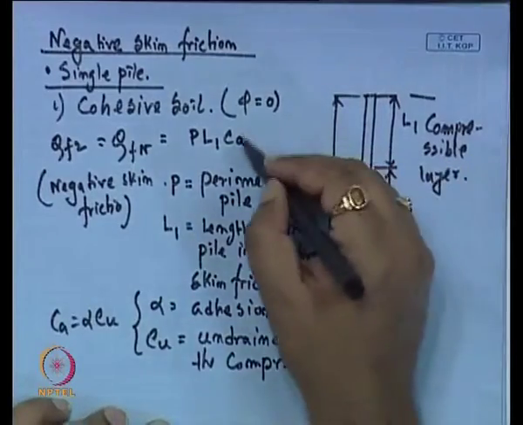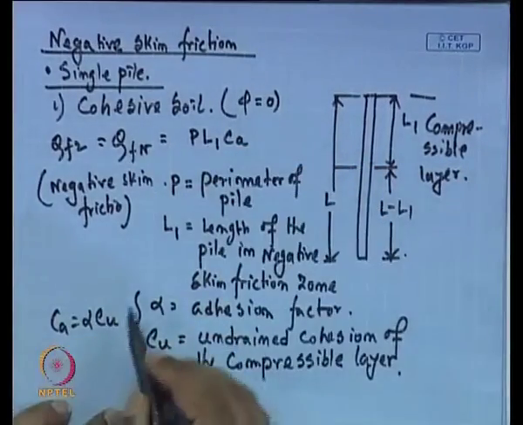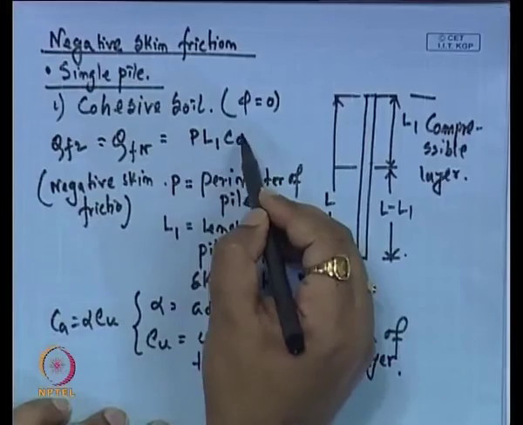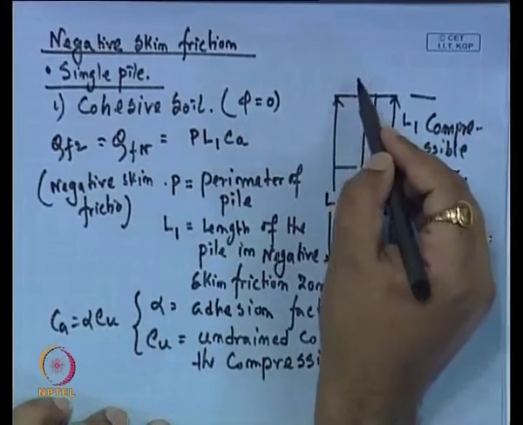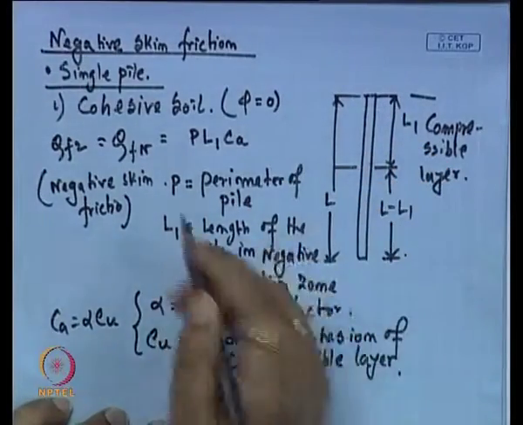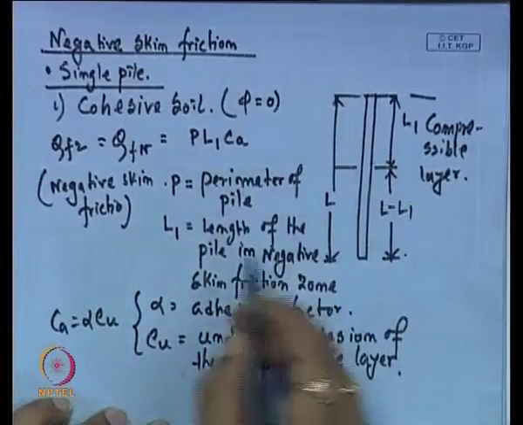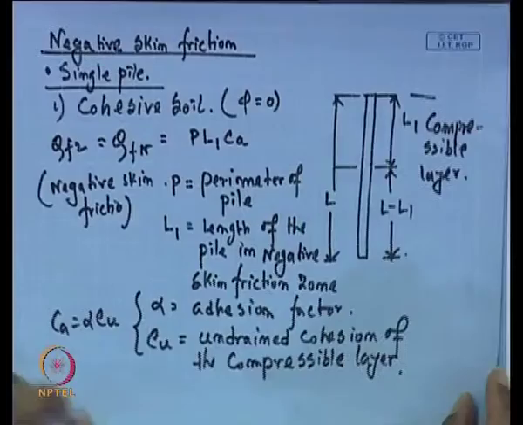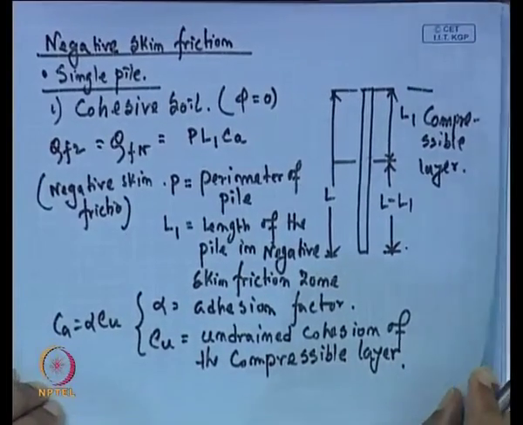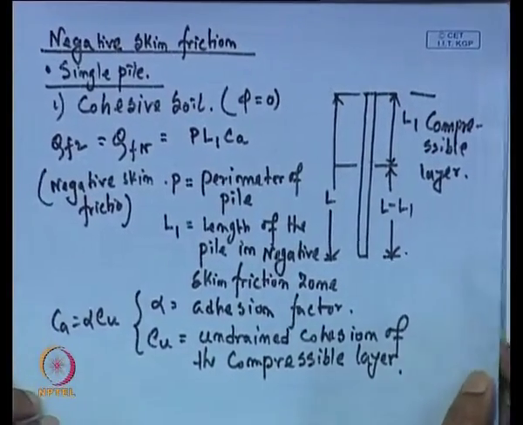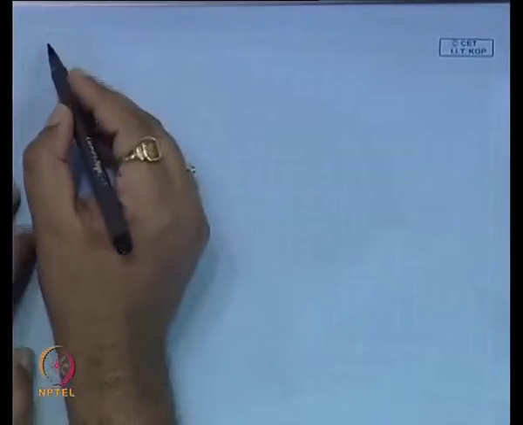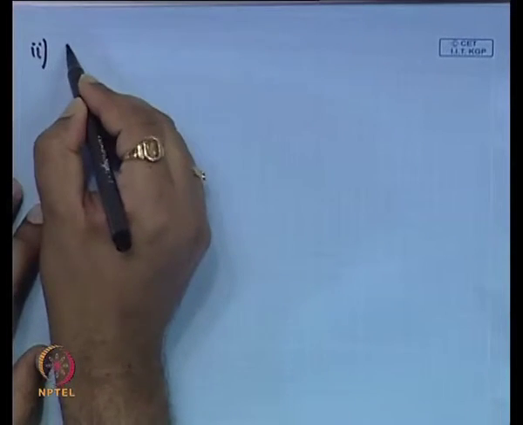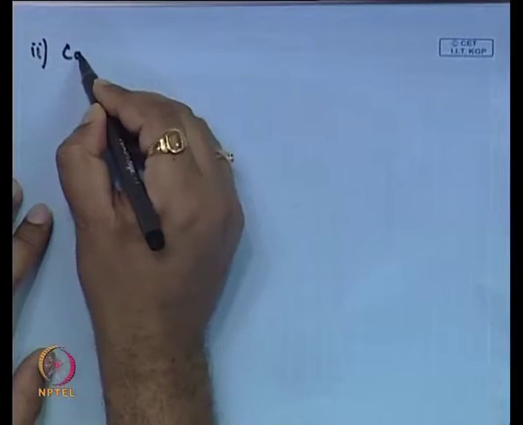That friction resistance we are getting is the negative skin friction. So, we have to subtract this portion from the total resistance. This is for the cohesive soil. Now, the second one is the cohesionless soil.